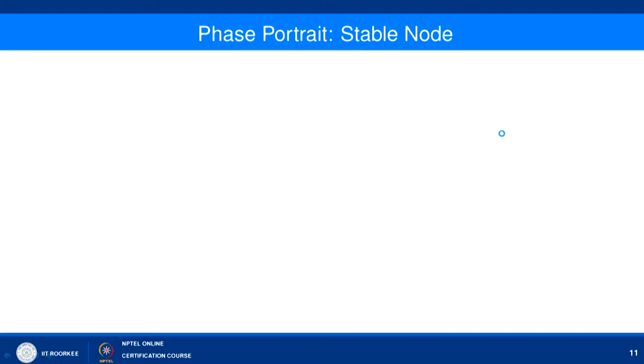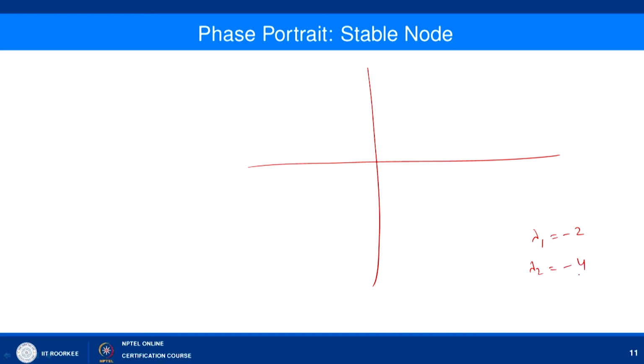Now, this is the phase portrait we can draw here. Let us say we have lambda 1 equal to minus 2, lambda 2 equal to minus 4, and corresponding to lambda 1 we have u1 and u2 as the eigenvector, and corresponding to lambda 2 we have v1 comma v2 as an eigenvector. So, let us first find u1 and u2.